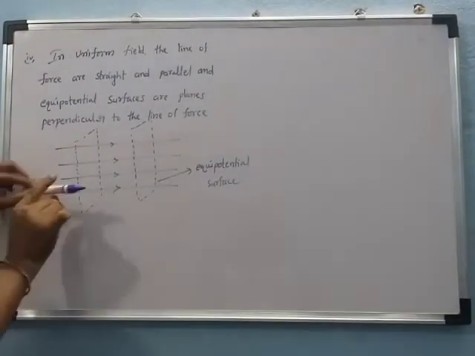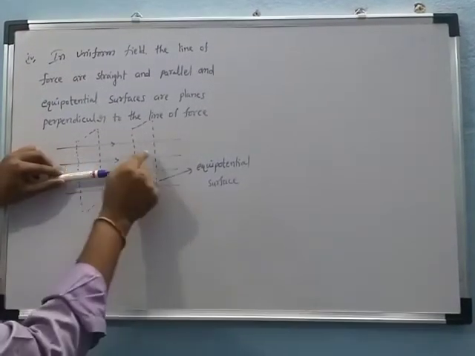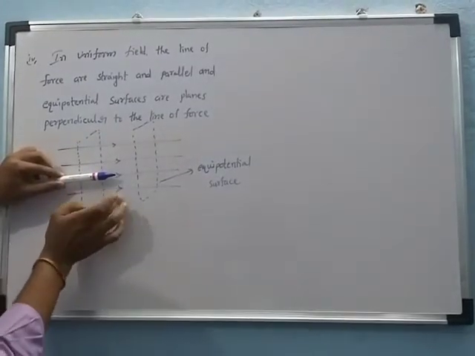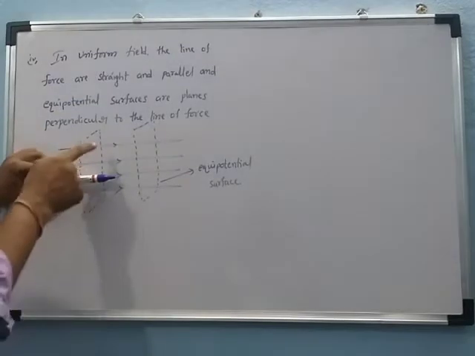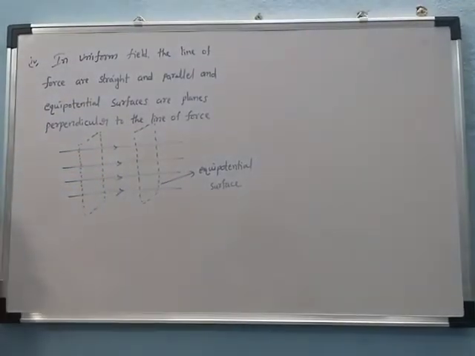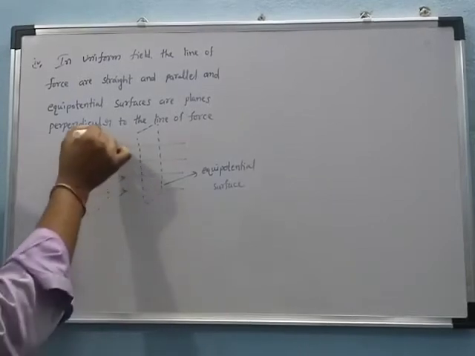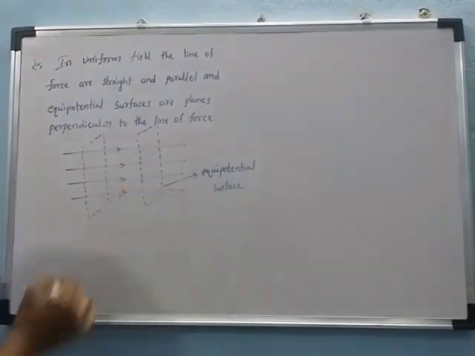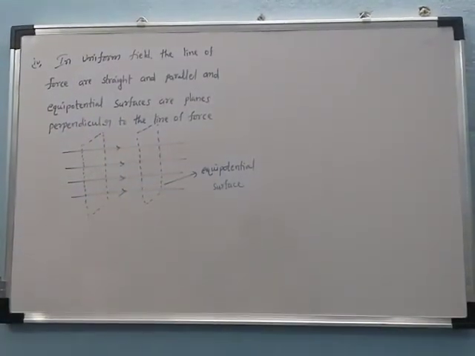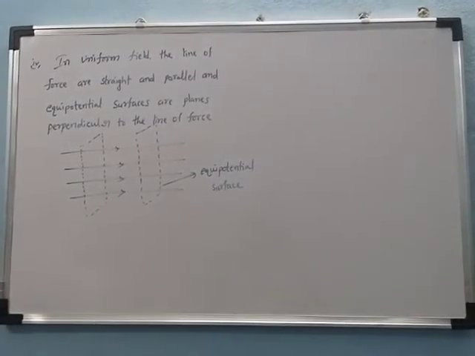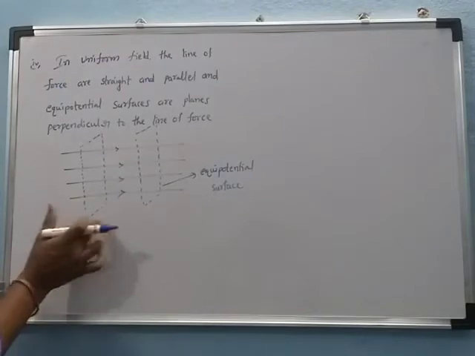These straight lines are the electric field lines of force in a uniform electric field, and they are parallel. But the surface is perpendicular to them. This is the fourth property.